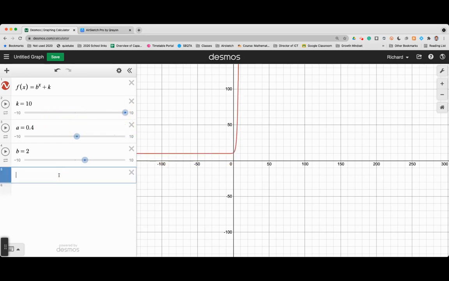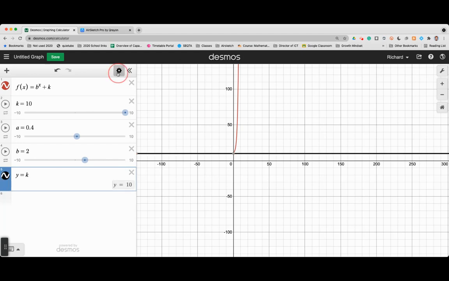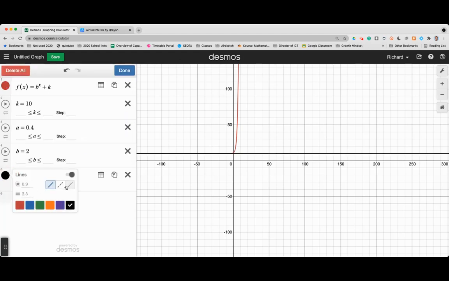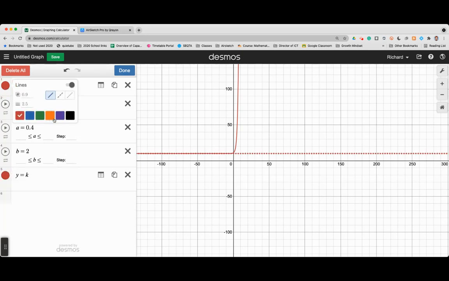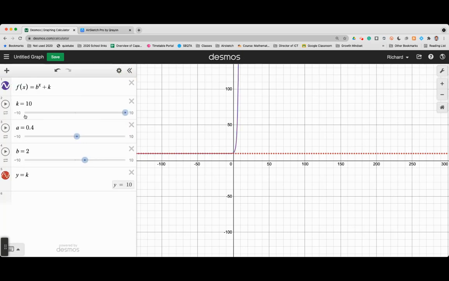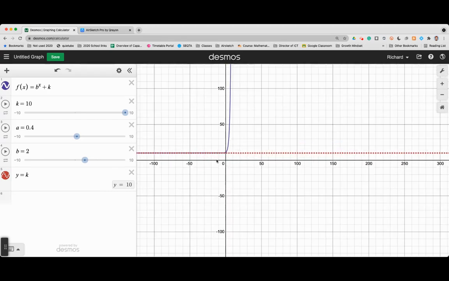Yeah, and this is where you can go y equals k and play around with it to change it so that it's a dotted red line or something like that. I'll change that color to blue, to purple, so it's different. So you can sort of see here that this is the asymptote.